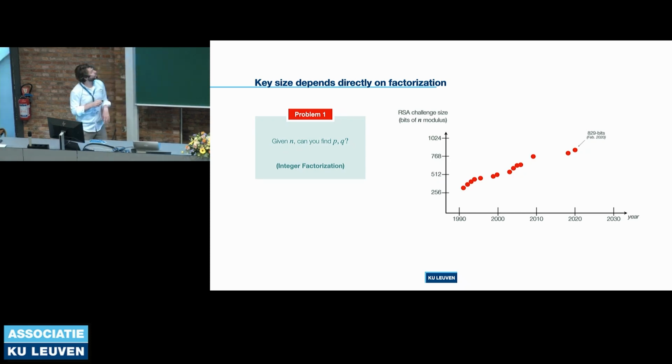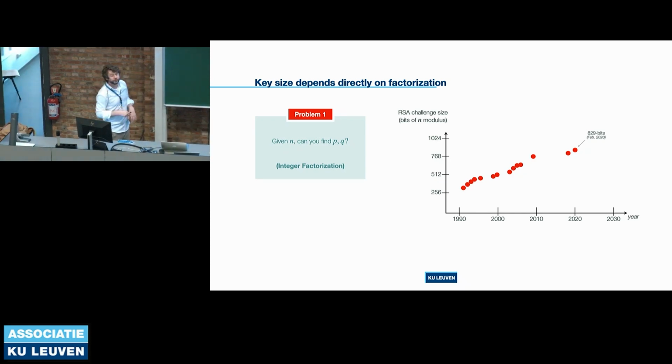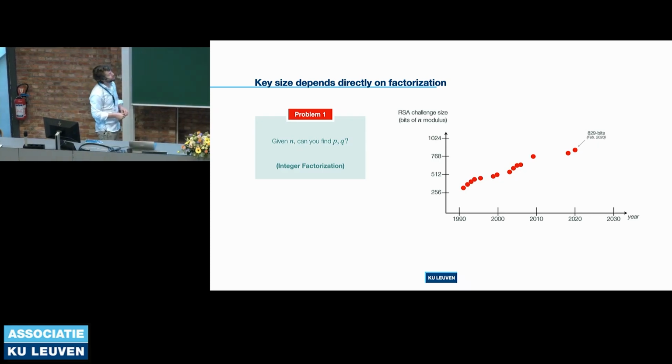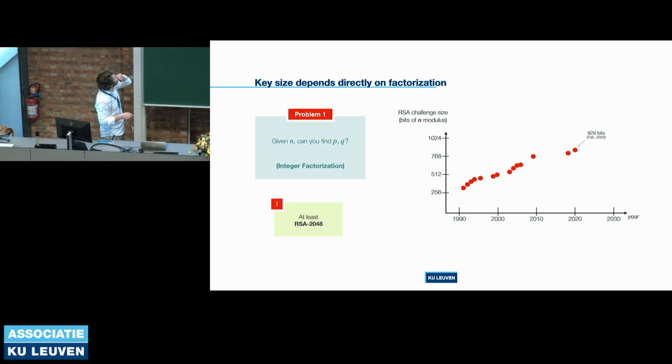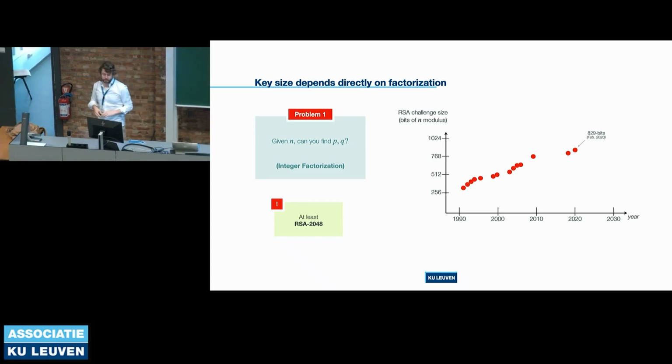It's also a bit surprising that there have been improvements in integer factorization, but somehow not in these RSA challenges. So what you find mostly nowadays is that people are using RSA 2048, where 2048 is the number of bits of n. Is that secure?